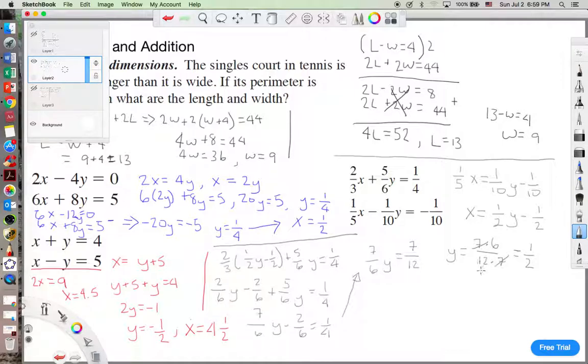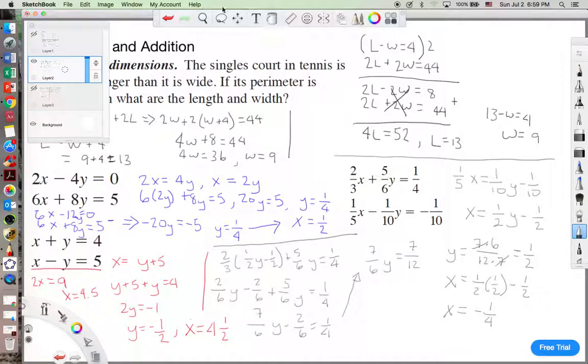Okay. If y equals 1/2, then we can put that into the original substitution equation there. x is equal to 1/2 times 1/2 minus 1/2. Half times a half is a quarter. A quarter minus a half is negative a quarter.